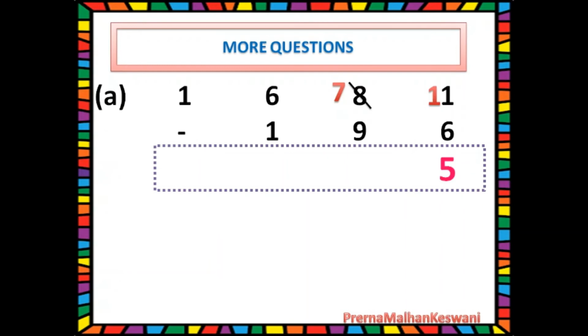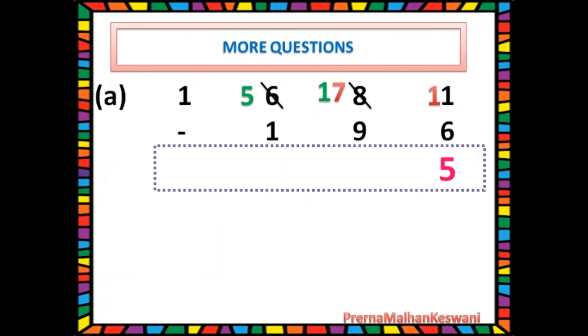Now let's move to the tens column. 7 minus 9. Again, children, it is more on the floor. So let's move to the next door, 6, and borrow 10. So 6 will be 5 and 1 tenth will be added to 7 and it will be 17. So start counting from 9 to 17 now. 10, 11, 12, 13, 14, 15, 16, 17.